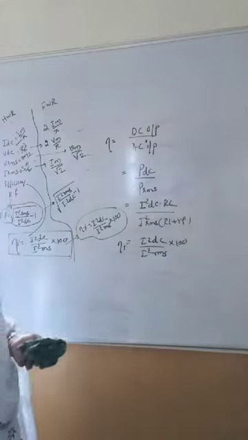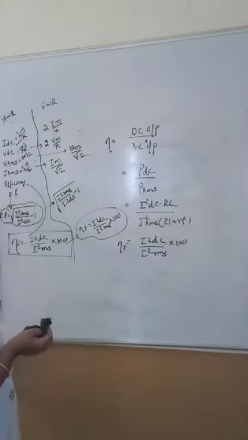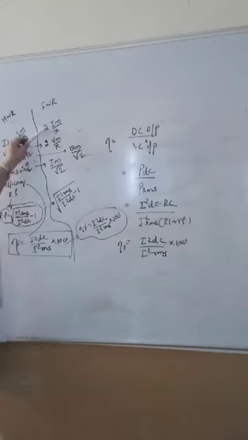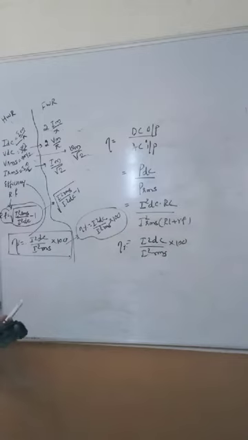Very important derivations. You may be asked to derive all these equations for half wave rectifier, or any of these equations for half wave rectifier. Any of these equations or all of these equations for full wave rectifier. With the help of a waveform, first you draw the waveform, fix over which area you are going to integrate, then go on integrating.